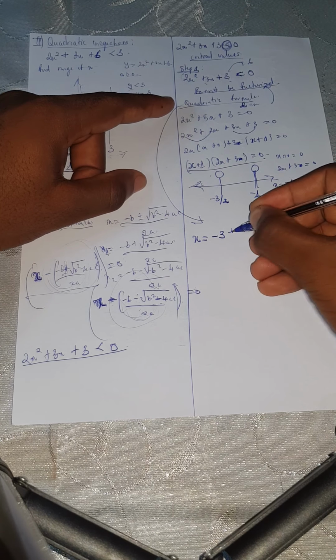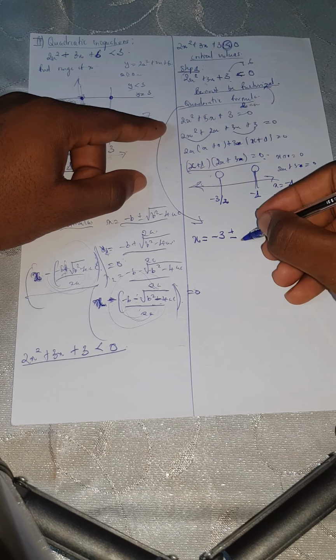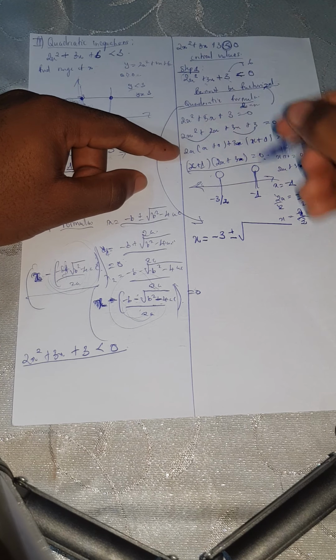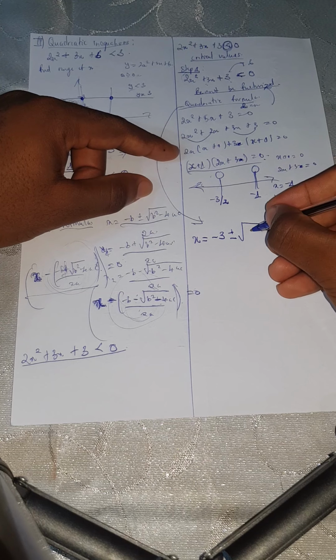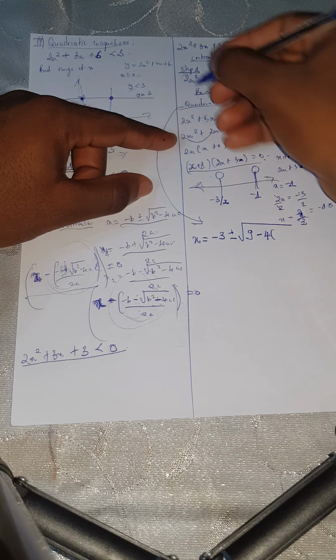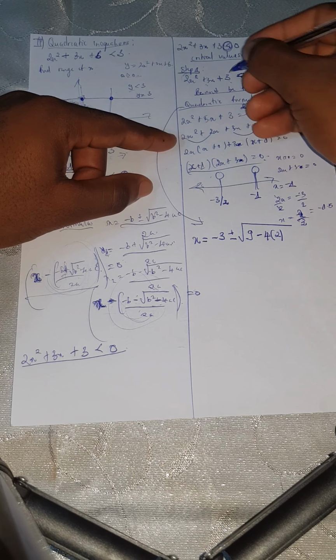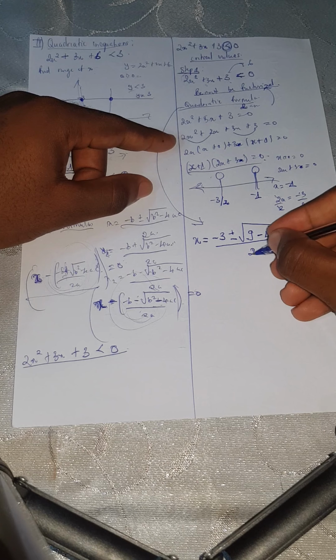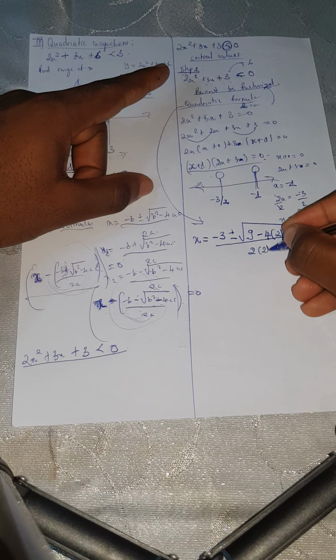Negative 3 plus or minus the square root of b squared. b in this case is 3, and b squared gives 9, minus 4 into a, a is 2, into 3, all over 2 into 2.